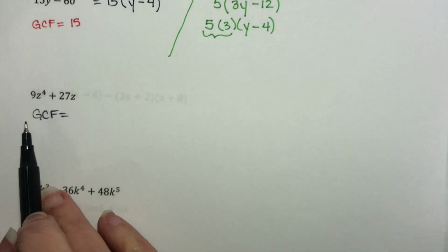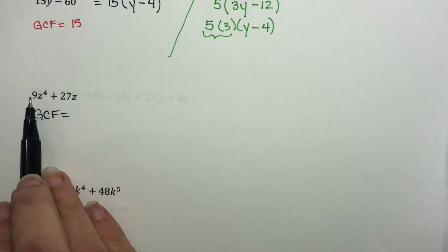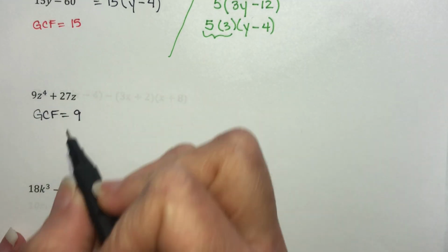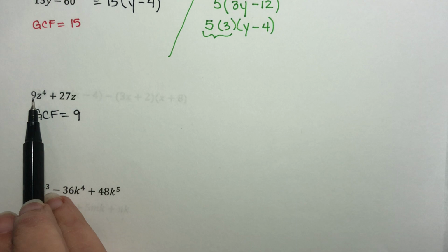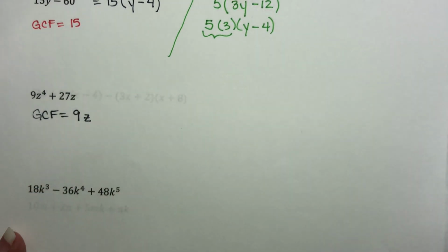Let's deal with the number part first. 9 and 27, these are both divisible by 9. 9 is the largest number that can possibly go into 9, so that's our GCF. Okay, now look at our variables. There's a z in both of them, so I'm going to have a z here. Now the only thing we need to check for now is what exponent to use on that z.